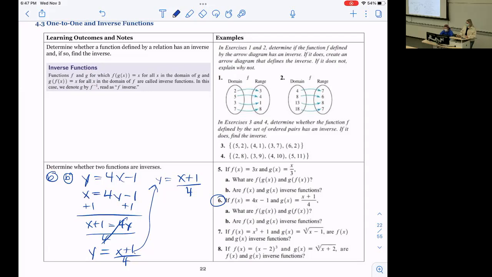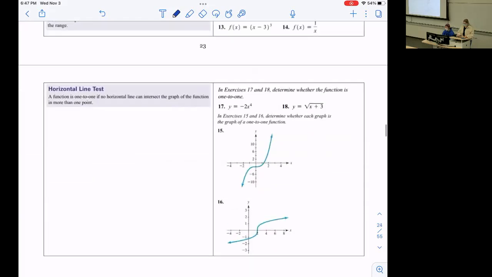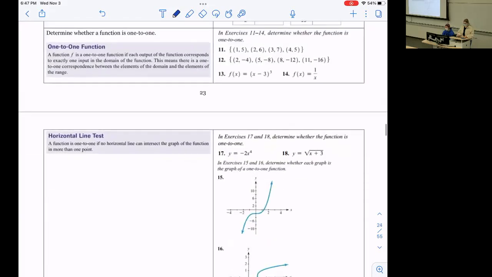Are there any more questions about this section? All right. So evaluate functions and their inverse. Do we have any questions about 9 and 10? And then we can look at determine whether a function is one-to-one.